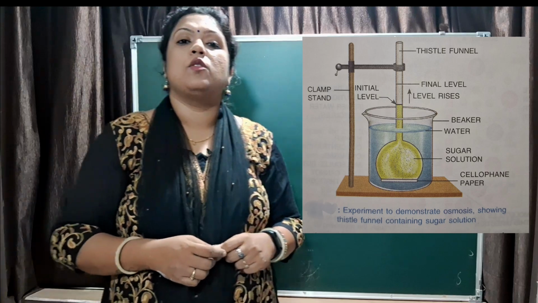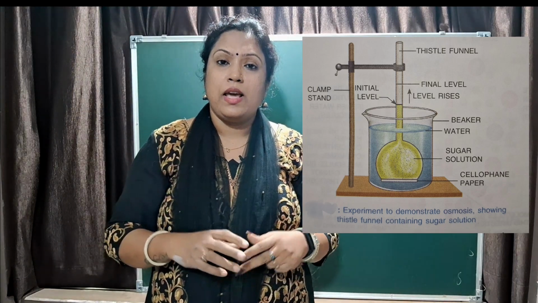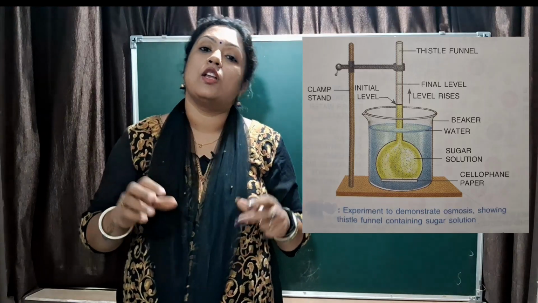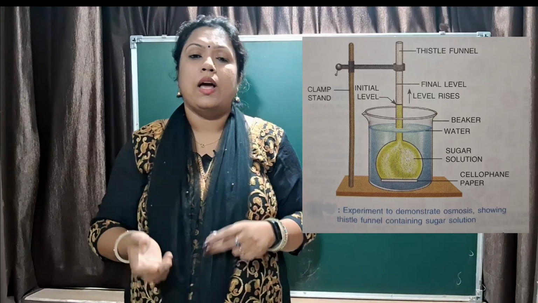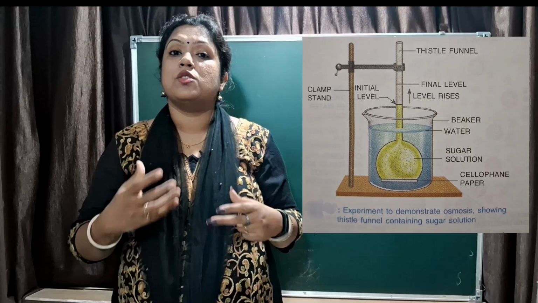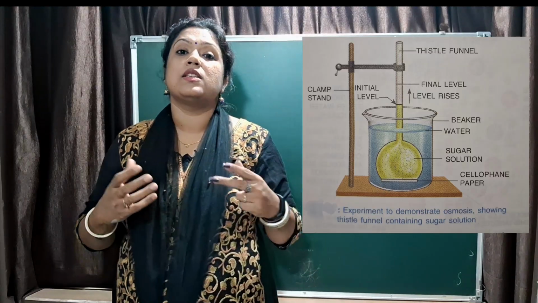Similarly, there is one more experiment you can see here. This is the experiment to demonstrate osmosis. You can see there is a thistle funnel. In the thistle funnel there is a sugar solution, which is considered to be a hypertonic solution. I will discuss hypertonic and hypotonic in a while, but sugar solution is a concentrated solution, and in the beaker you can see there is water.